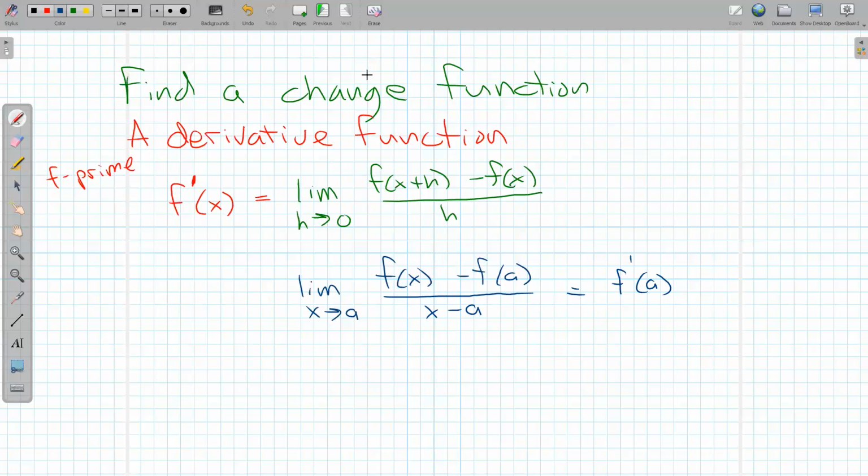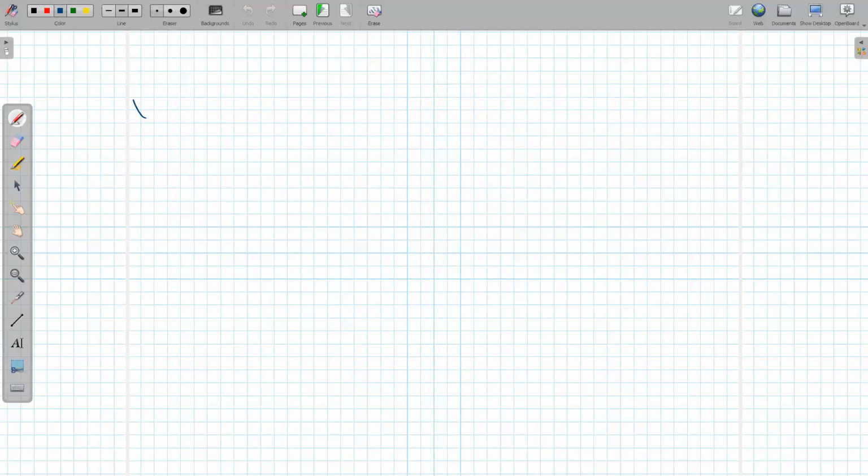So let's go for it. Let's just jump right into fun and games here. Let's let f of x equal, let's see, I want to go hard, but not too hard. How about 2x squared minus 3x plus 7.